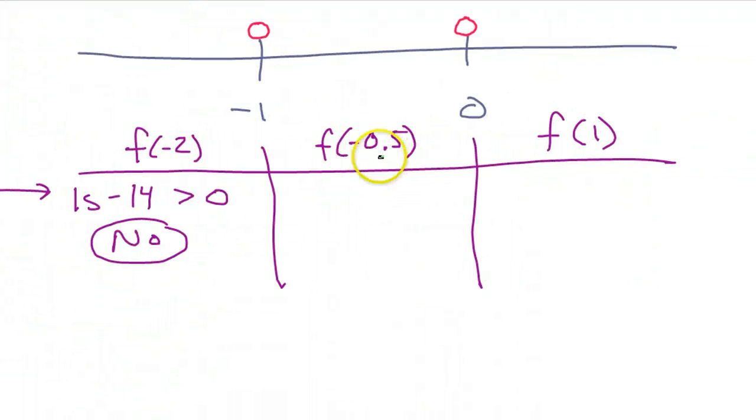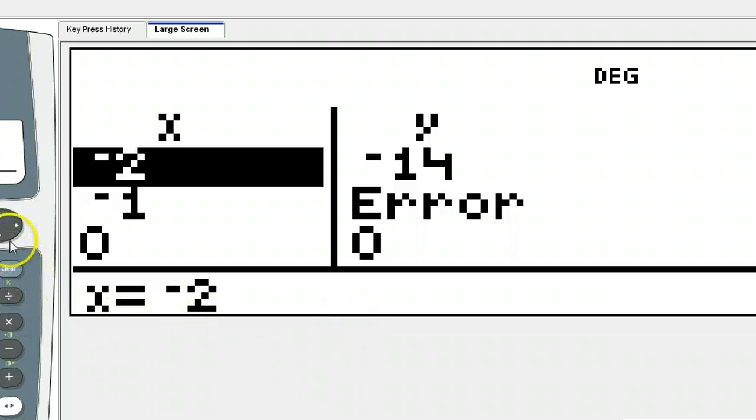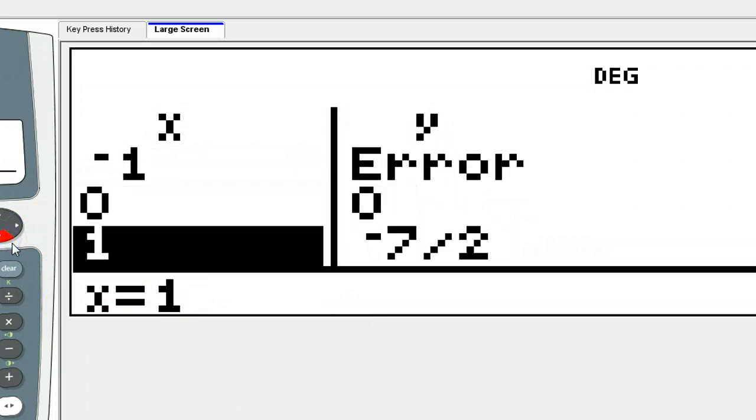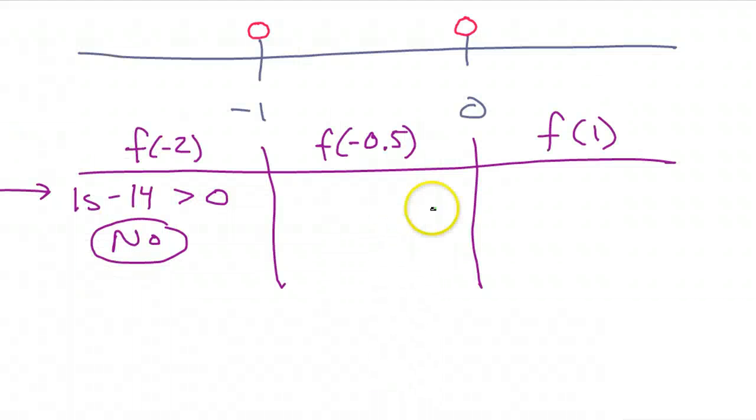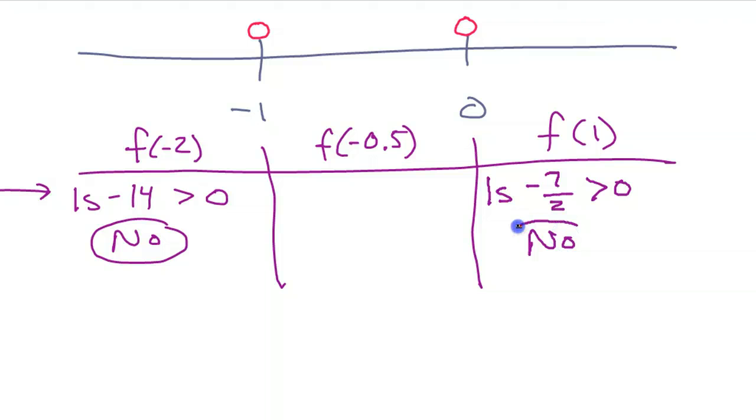Let's skip over this decimal for a minute and look at 1. Okay, so if I scroll down a tiny bit, at 1, the function has a value of negative 7 over 2. So the question is negative 7 over 2 greater than 0? Same question. Again, this is negative, so no, it's not greater than 0.